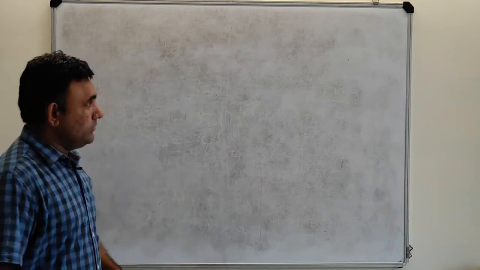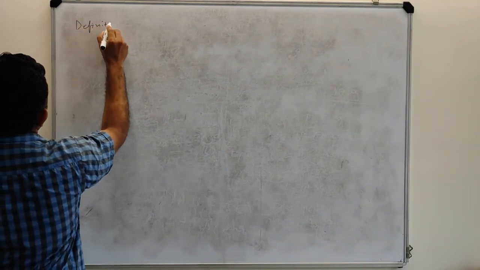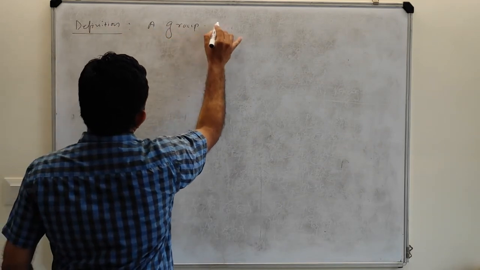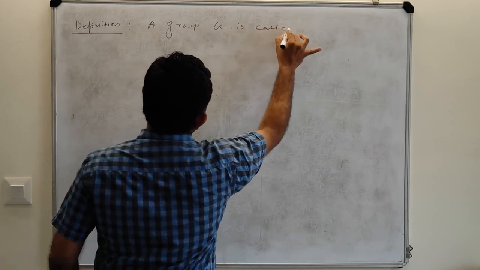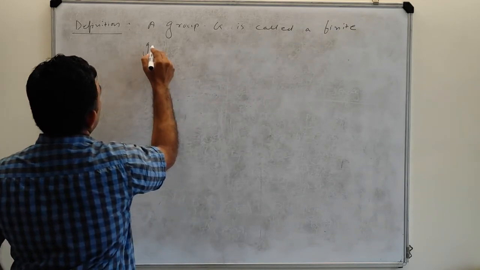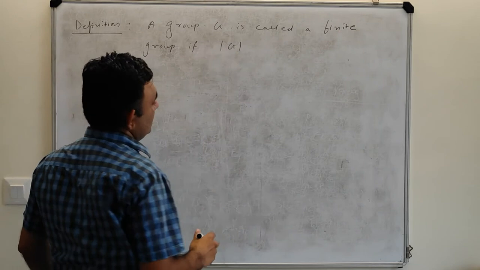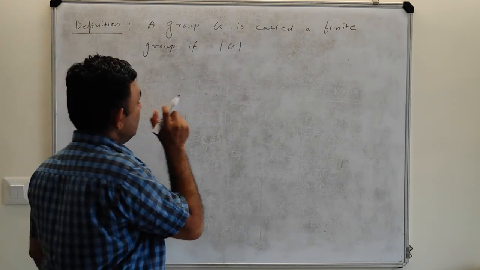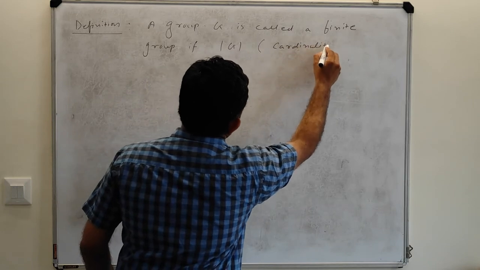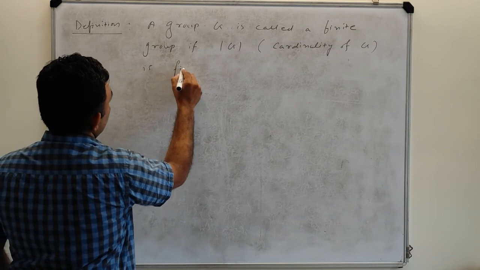Now let us give one definition. A group G is called a finite group if the cardinality of G is finite.